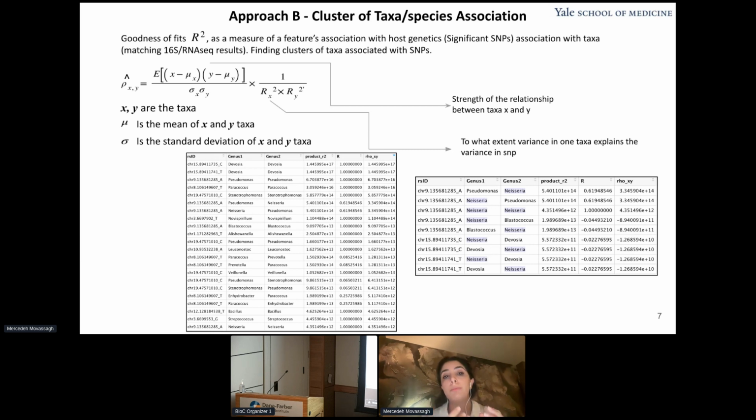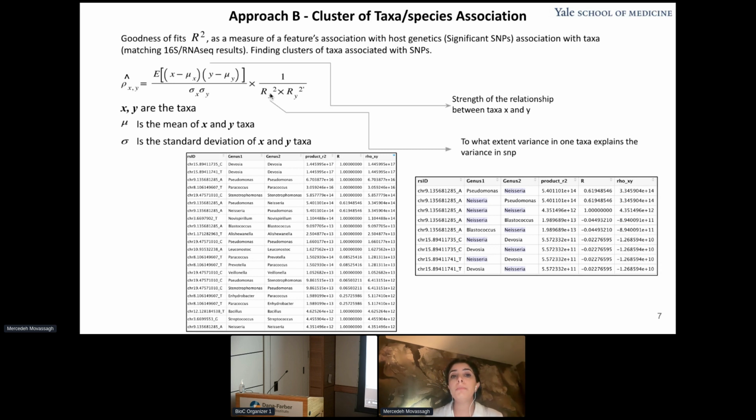And within those communities, are they associated with specific SNPs? So this term right here basically shows the strength of the relationship between 2 taxa. And as you can imagine, you're doing this 2 by 2, but there could be a third taxa that is associated with the second taxa, and you can actually see it, and I'll show you how that will look like.